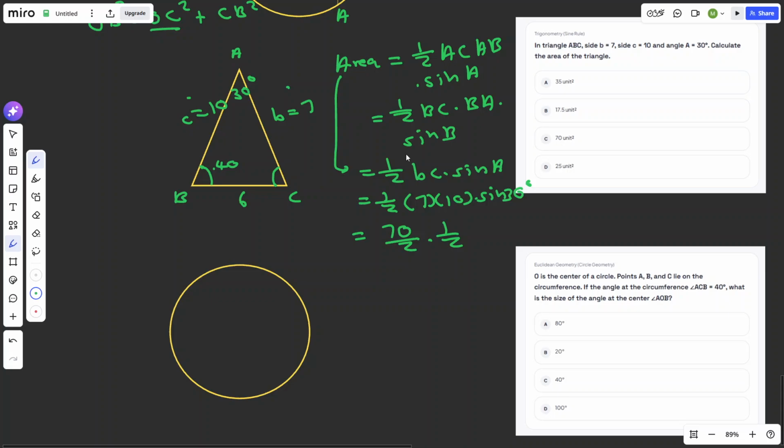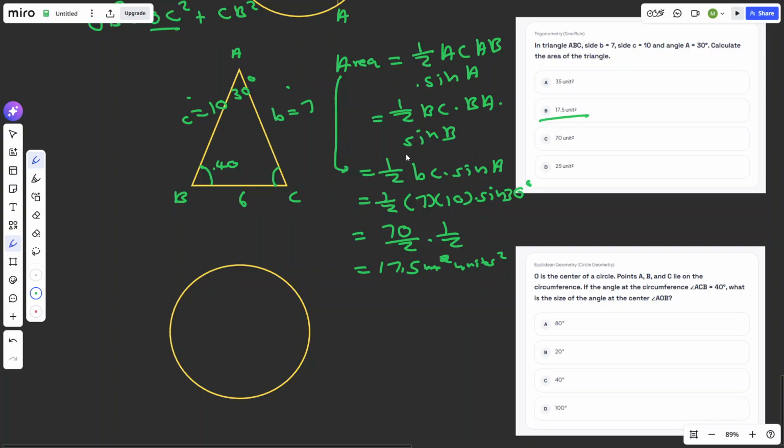So now this is 70 divided by 4, which is 17.5. And always remember to include your units. In this case, no unit was given, so we'll just leave it as unit squared. So that is basically our answer.